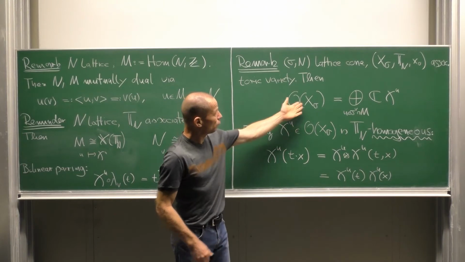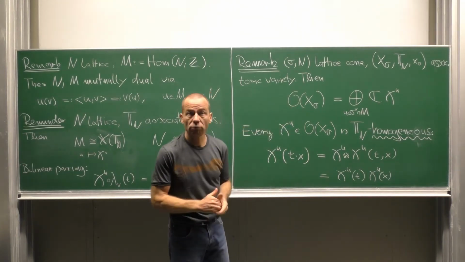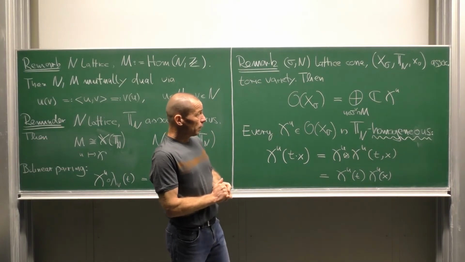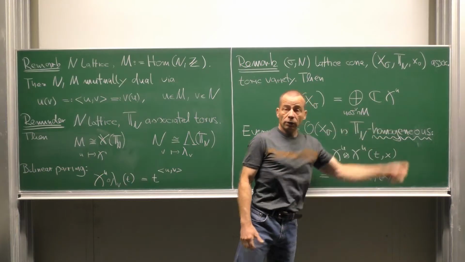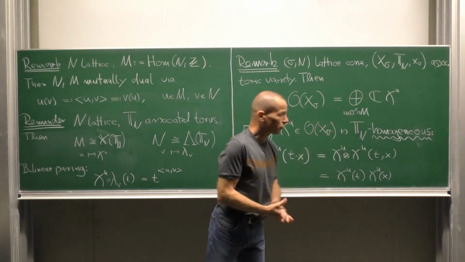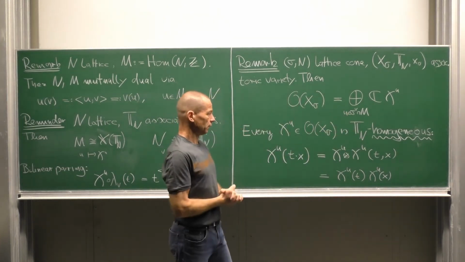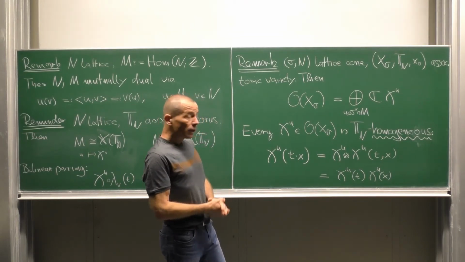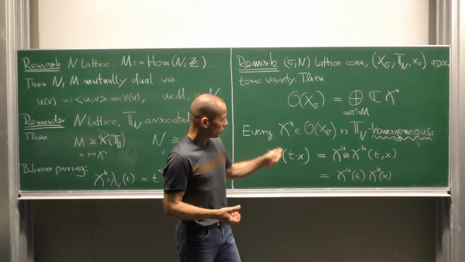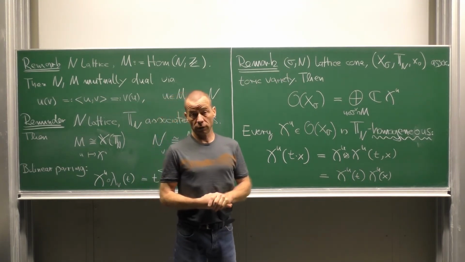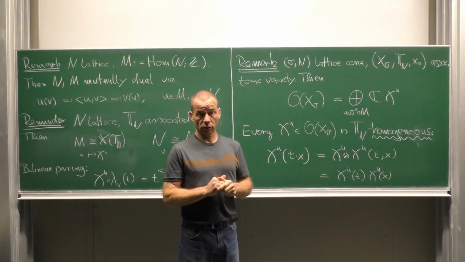So the algebra of functions of X sigma is this monoid algebra, generated as a vector space by the character functions chi u, where u stems from sigma dual intersected with M. Important for us is that these character functions chi u on X sigma are homogeneous with respect to the torus action.